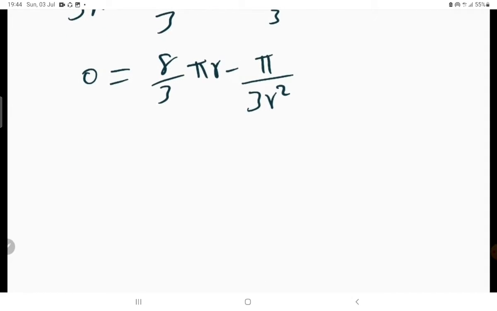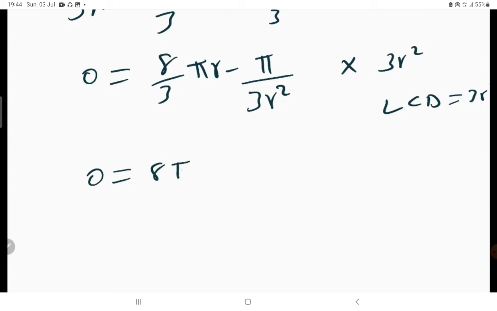2. On that note, we can just multiply by 3 r squared, because it seems to be the lowest common denominator, which is 3 r squared. Now if we multiply both sides, you will have 0 on the side, of course. Then on this side you will still have 8 pi r cubed, minus just pi.